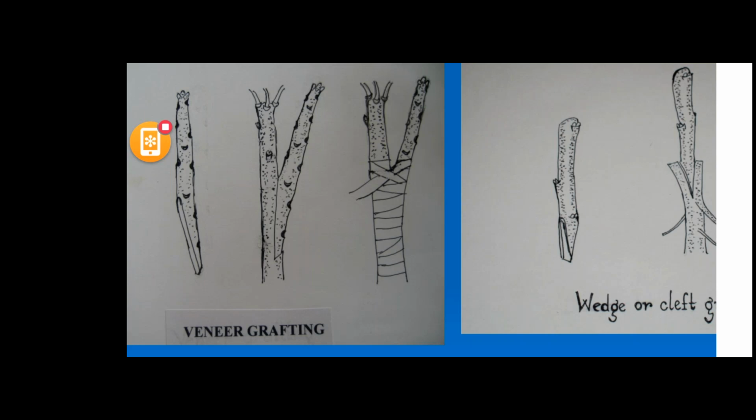That is the cambium, which is parenchymatic cells, which joins between stock and scion, and gives new proliferation of cells in between, producing xylem and phloem, and in the process, it becomes a successful graft.